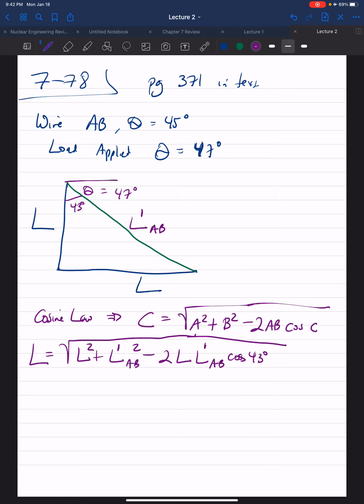If I square both sides, that becomes L squared equals L squared plus L prime AB squared minus 2L times L prime AB cosine 43 degrees.